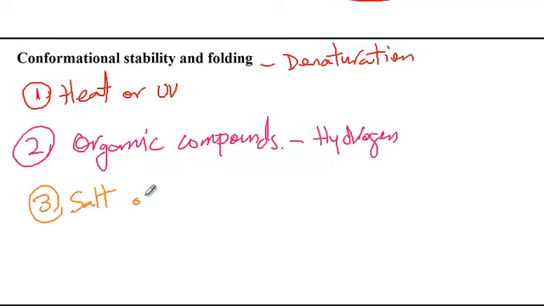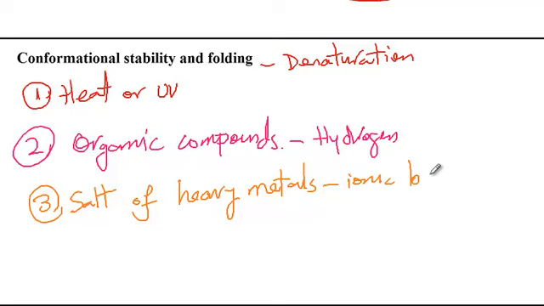So salts of heavy metals can disrupt ionic bonds as well as disulfide linkages.